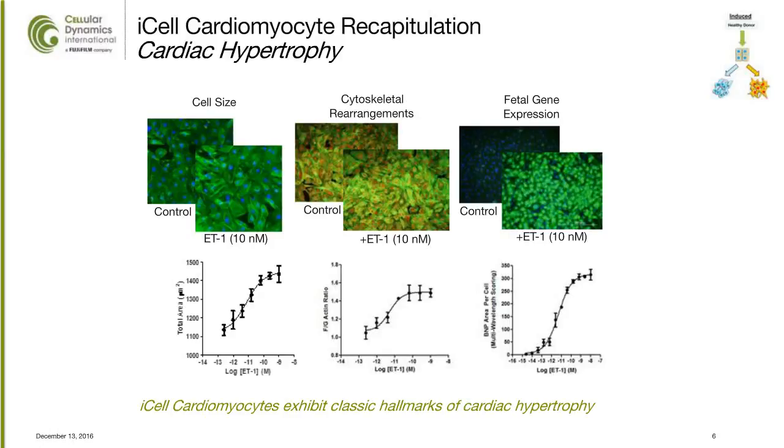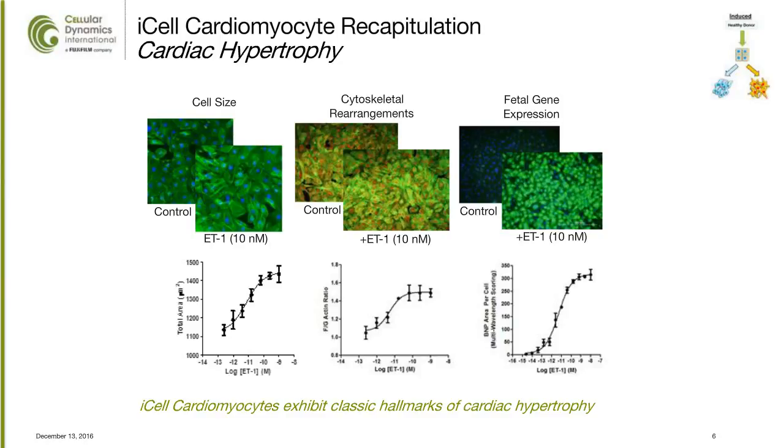So now I'm showing you one of the induced examples. These cells are plated as a monolayer and exposed to endothelin-1 to really bring out that cardiac hypertrophy phenotype. Here I'm showing the cells being stained with alpha-actinin to assess cell size. You can see that as you increase the concentration of endothelin-1, there's a concentration-dependent increase in the total cell area, showing that these cells are getting larger.